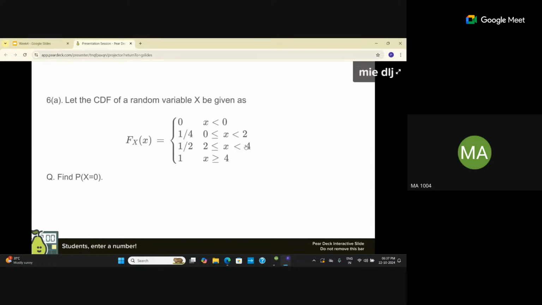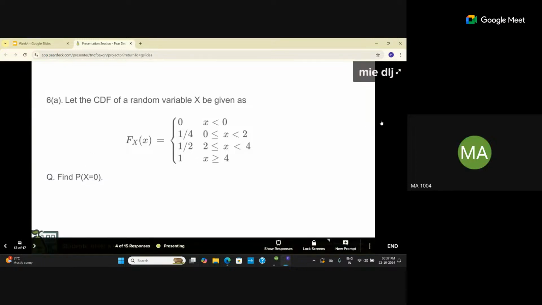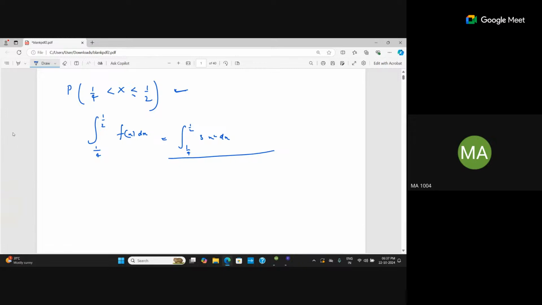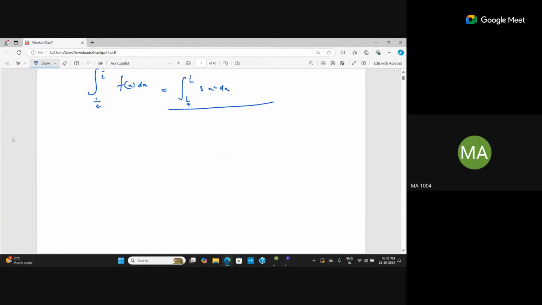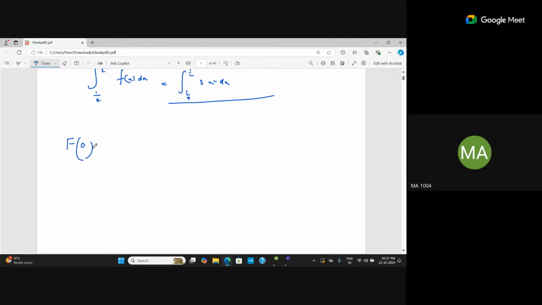Okay. So here you have to find the probability at point 0. So how will you find it? We are given the CDF. Suppose CDF at point 0, how you can write it, like probability x is less than or equal to 0. Right?